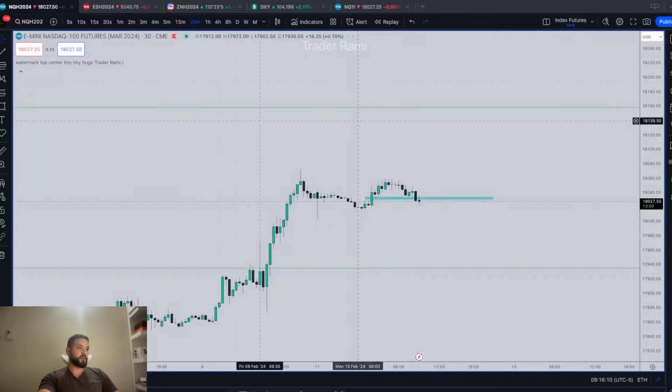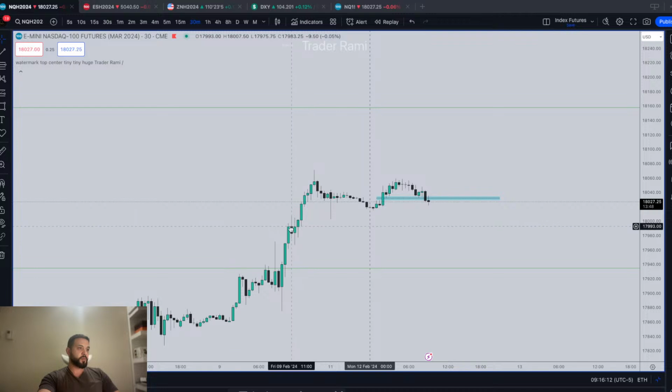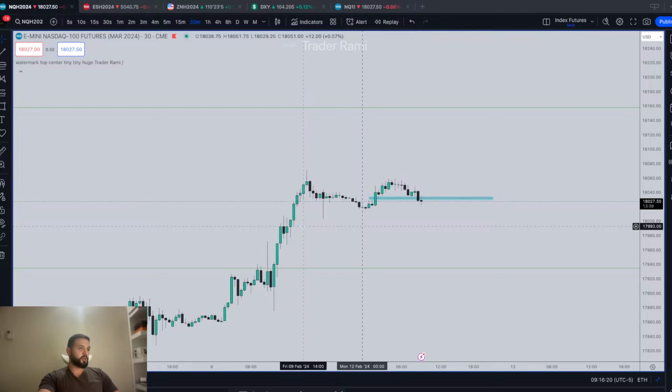But if we look at the 30-minute for a more recent target, we have this bullish order block on the 30-minute, which is at 17993. I mentioned 17993 in the Telegram to note that, because if you're looking for a nice and easy target to the downside, that's one to look out for. Price would usually react off that and create some sort of retracement before potentially going further down.